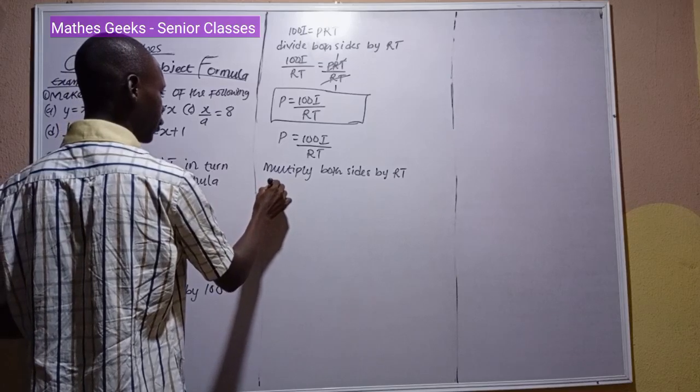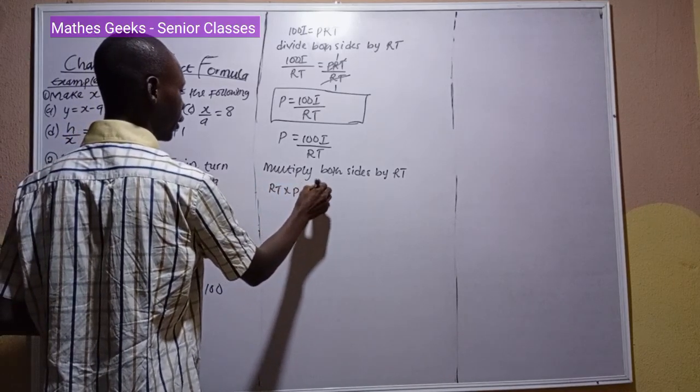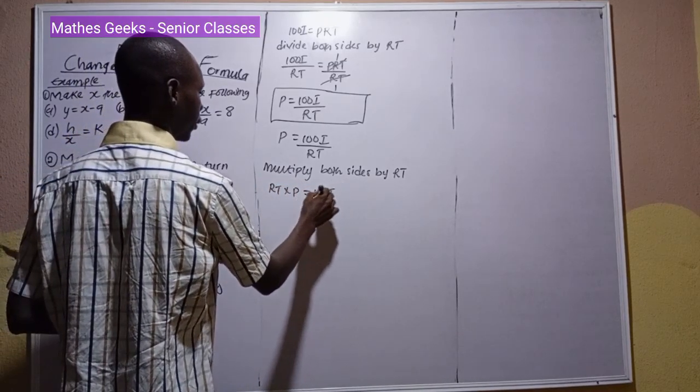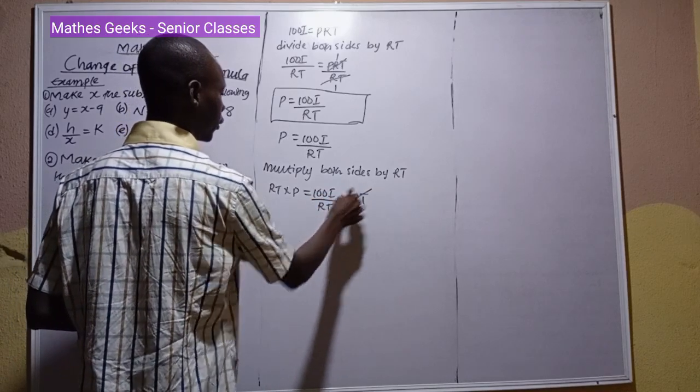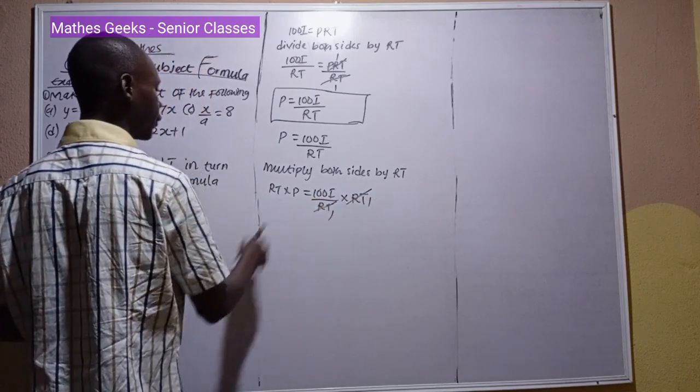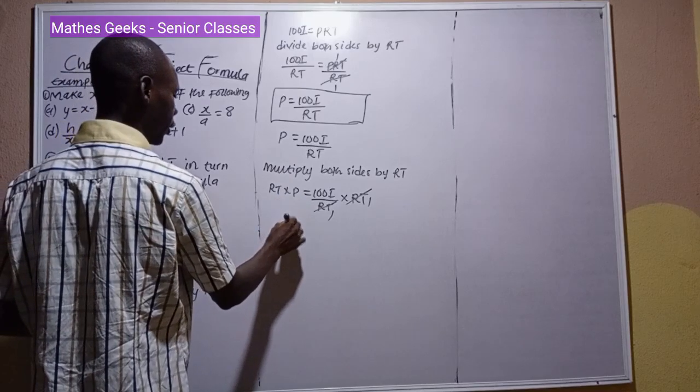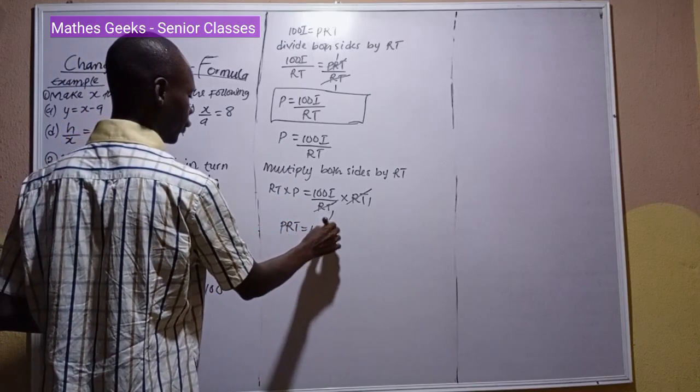So we have RT times P equals 100I over RT times RT. So this will cancel. So P becomes PRT equals 100I.